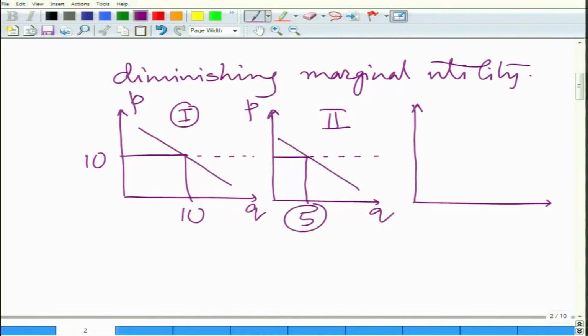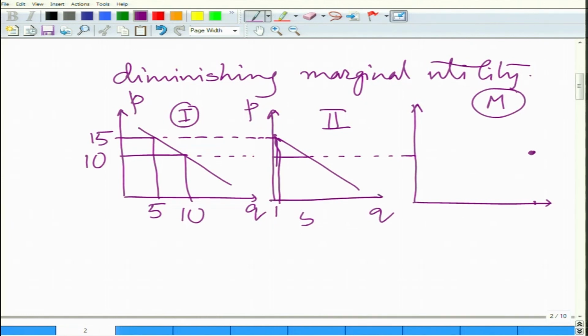At the same price of 10 rupees, if I sum these up, 10 plus 5 is 15, my demand will be here on this market demand curve M. Say at 15 rupees, my demand was 5 units for consumer 1, whereas for consumer 2 it may be 1 unit.